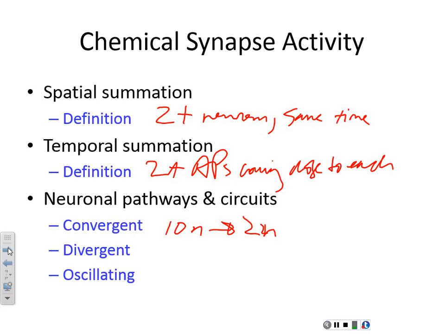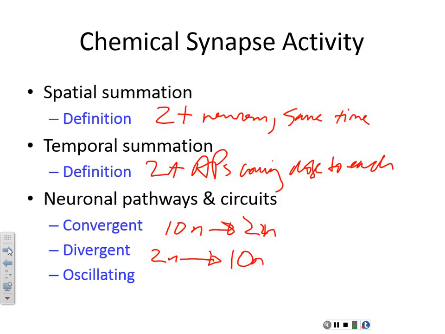Then divergent, it's like 2 neurons going to 10 neurons. Because they branch a lot, it will go to many neurons. So this one neuron, when it's stimulated, has the ability to stimulate a wide area because it will synapse with a whole bunch of neurons.